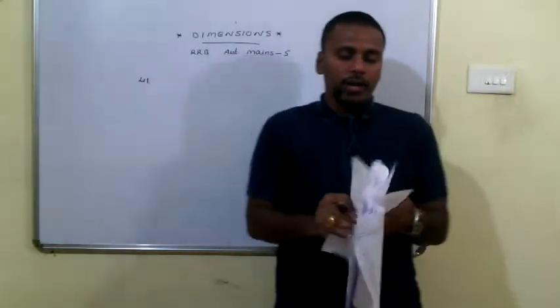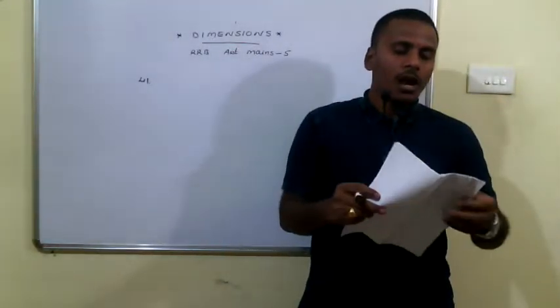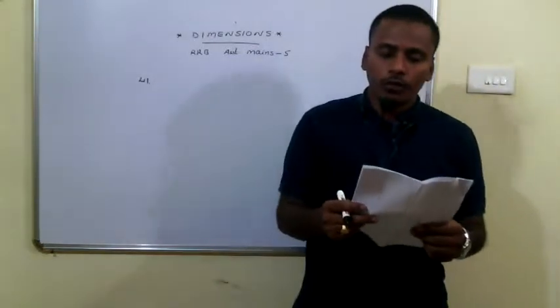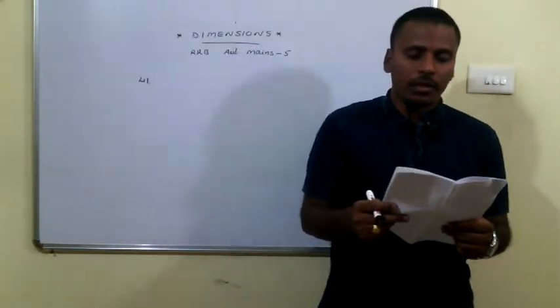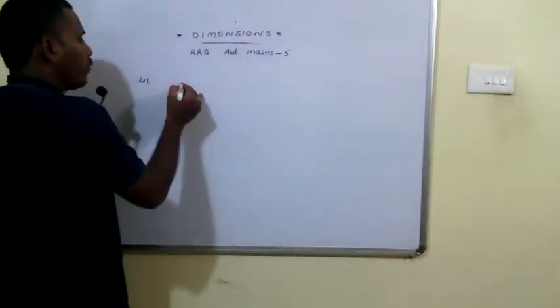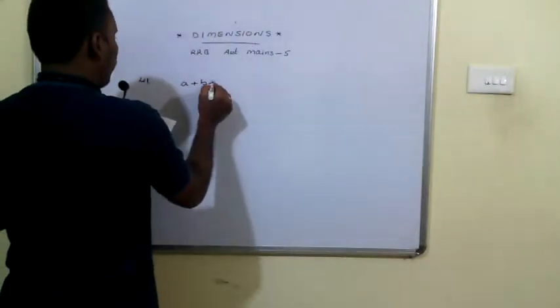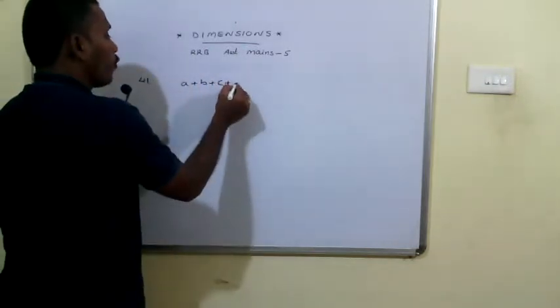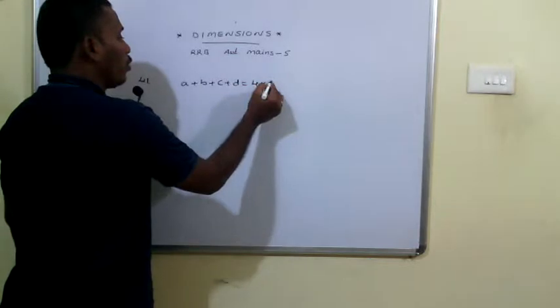For the 41st one, it is given that of 4 numbers whose average is 60, the first one is 1/4 of the sum of the last 3. The first number is? Given that the average of the 4 numbers is 60, the sum of those 4 numbers is nothing but 4 into 60.